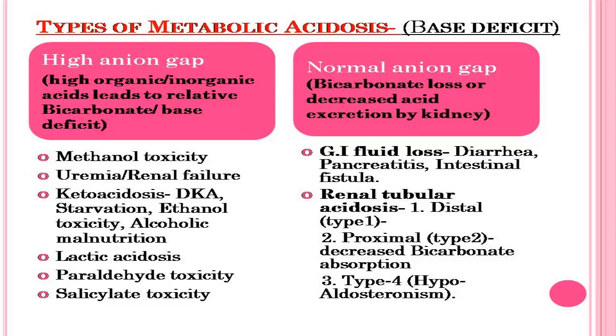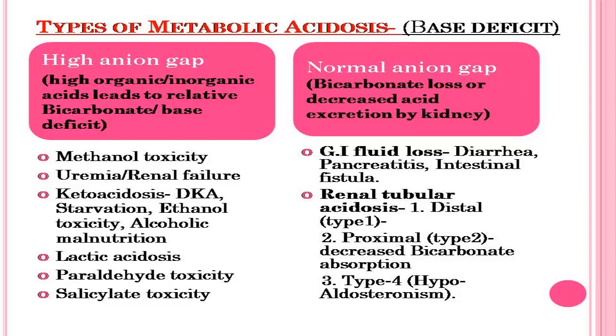So what is metabolic acidosis? That is somehow base deficit, that is somehow in the body there is a deficit of bicarbonate. And how does this deficiency of bicarbonate happen? From the two types of causes, high anion gap or normal anion gap causes.